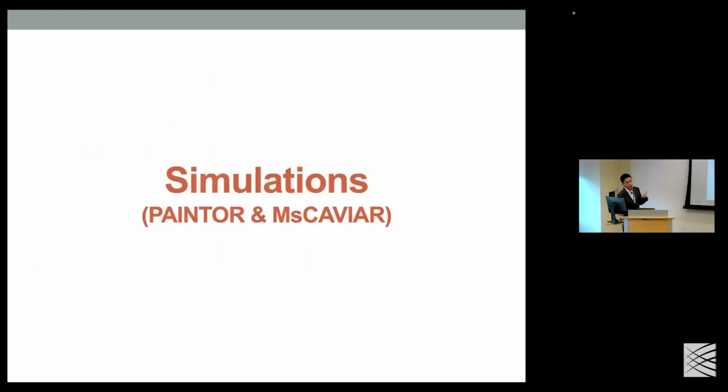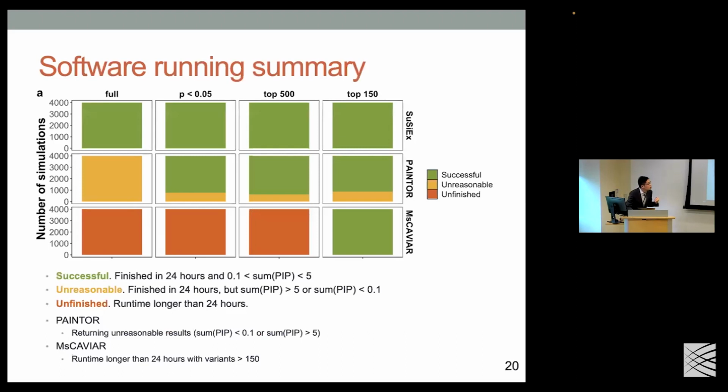Then we compared our method with existing methods for cross-population fine-mapping, PAINTOR and MsCAVIAR. Firstly, we defined 3 different running statuses. Green means successful finish within 24 hours with 1 CPU core, returning a sum of PIP between 0.1 and 5.